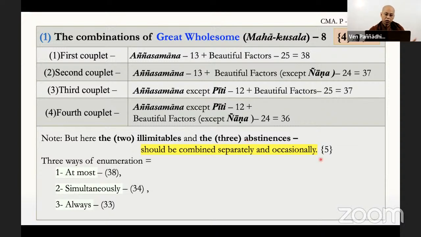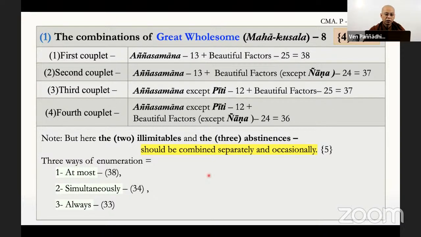They should be combined separately and occasionally. If one associates with the consciousness, the other 4 will be an exception. This is one thing, because they associate separately. And for occasionally, we need to consider that even one associates sometimes, not always. That's why we can still reduce the number.